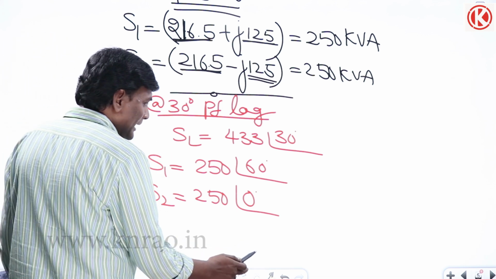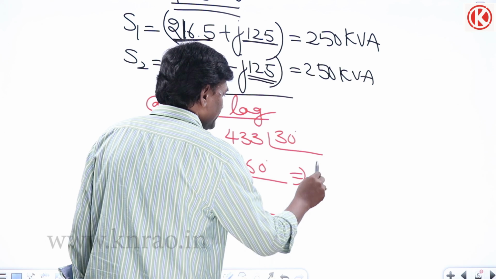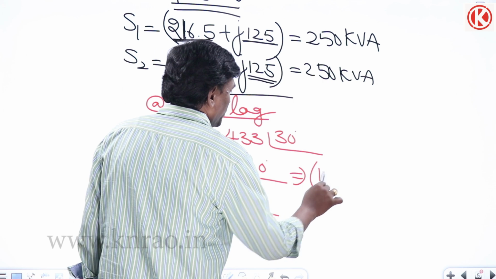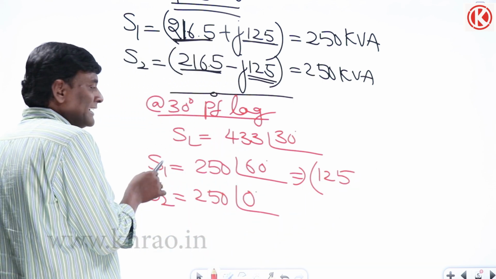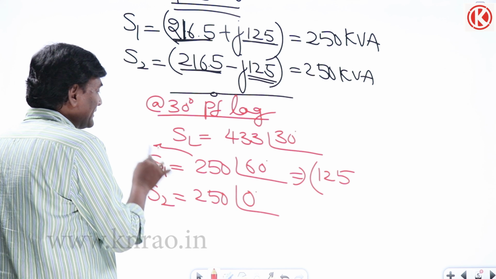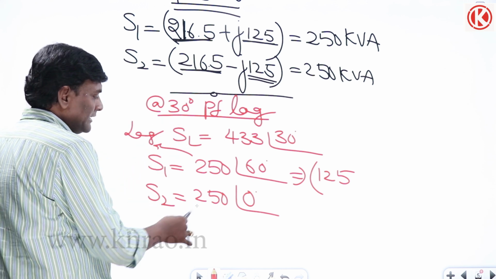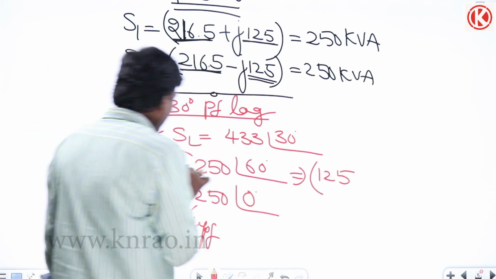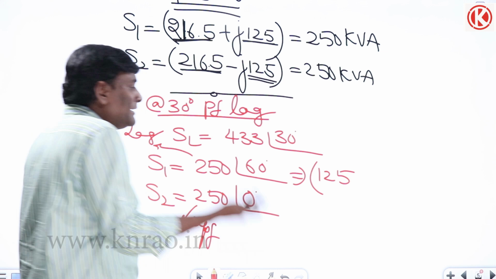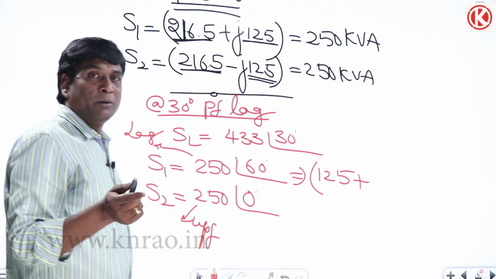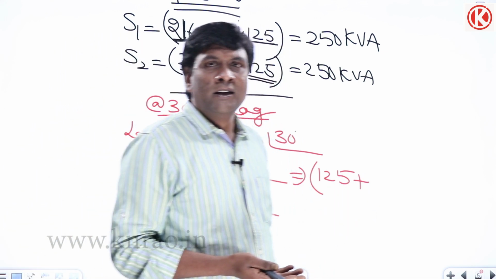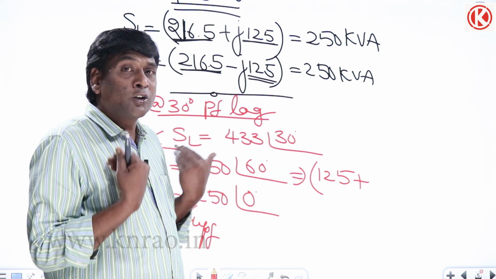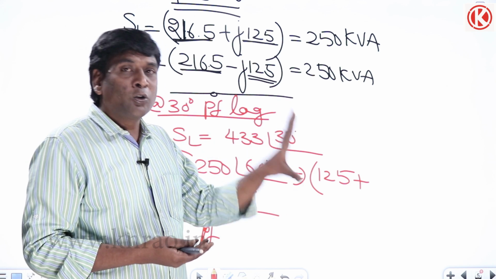So in this case, what's happening here? 250 cos 60, sin 30 is going to be 125. S1 means 30 plus pi, this is lagging, and this is anyway unity power factor. Stay focused. 125, and it is lagging in the sense S1 is supplying reactive power. After synchronous, a lagging power factor source delivers reactive power, and a lagging power factor load absorbs reactive power.